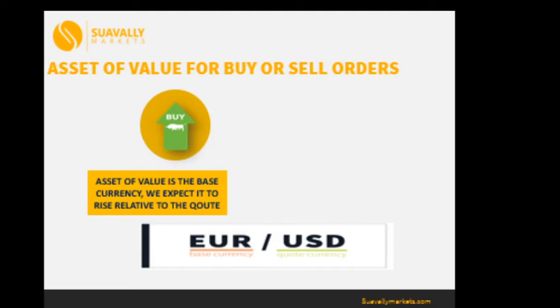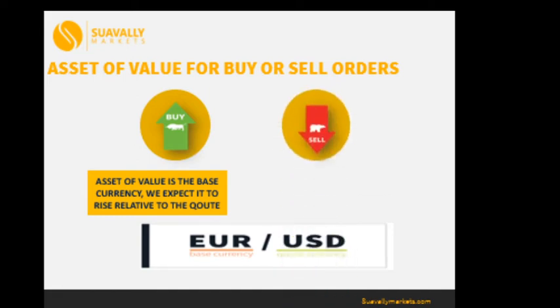So the asset of value is the euro, because we expect it to rise relative to the quote currency. We anticipate a rise of the euro relative to the USD.